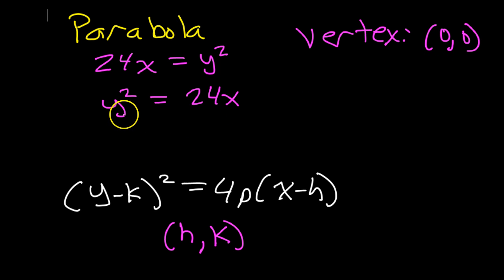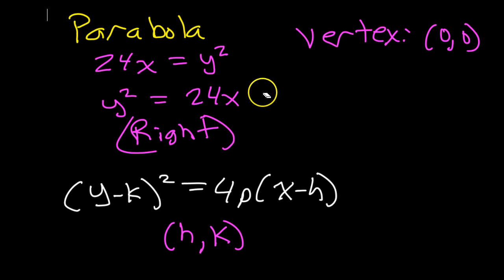And because the y is squared, it's one of those sideways parabolas, and everything is positive, so we know it's going to be facing to the right. Maybe I'll just put it underneath here. It's facing to the right. Okay, keep that in the back of your mind.